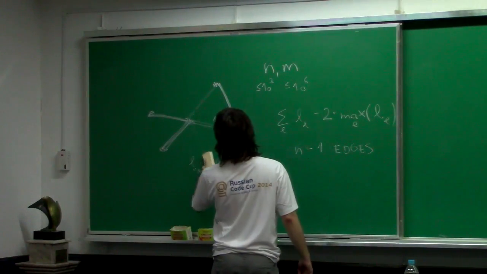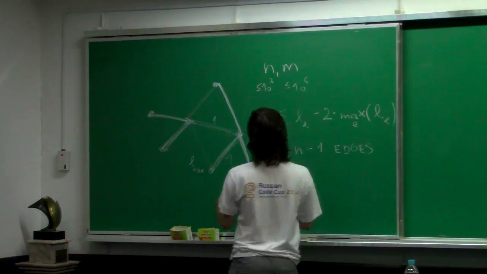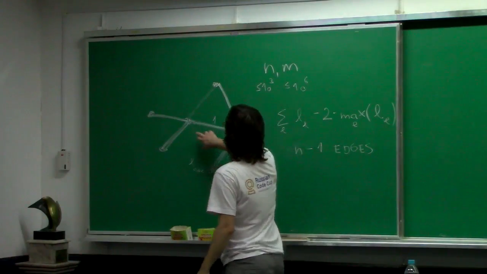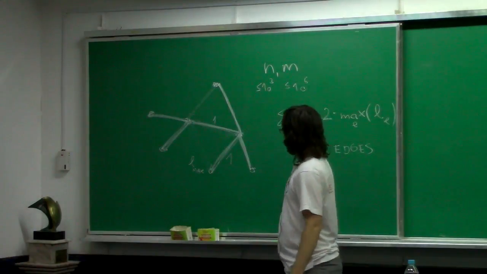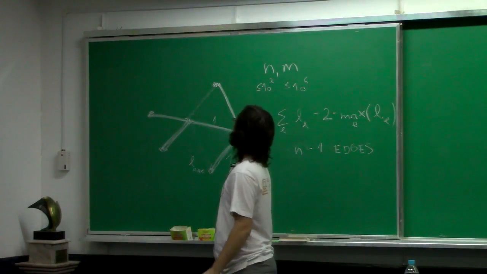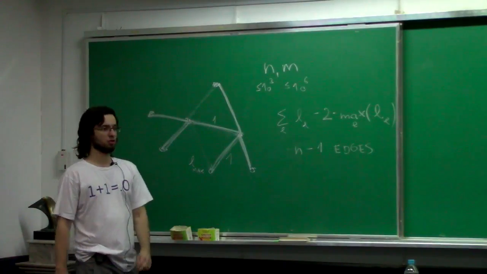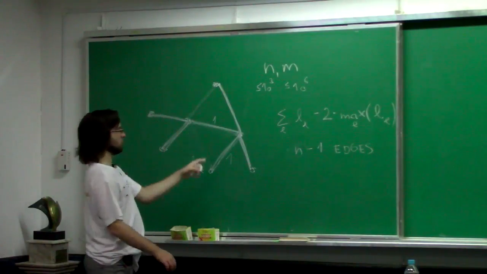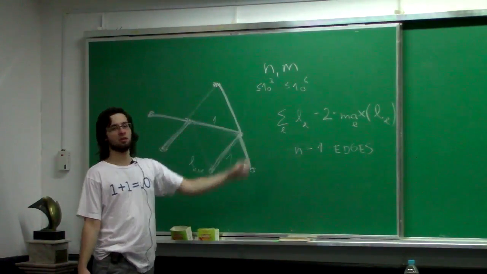In this case, if L max is some large number and these two edges have lengths 1 and 1, then the optimal minimum spanning tree would not use this edge and it would use these two edges. And now we can try adding any edge out of those remaining ones. Of course, there's the possibility that the optimum is just this minimum spanning tree, if, for example, the original graph is a tree.